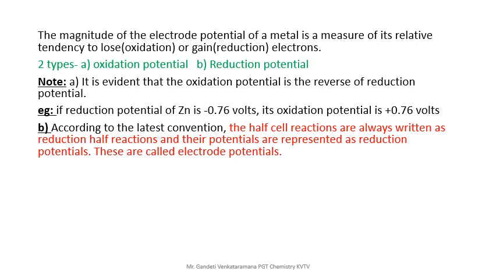Because if you take a cell, two types of reactions occur. Take any cell, two half cells, oxidation and reduction. Left hand side oxidation potential, right hand side reduction potential. But generally we consider reduction half reactions, and their potentials are represented as reduction potentials. Clear?